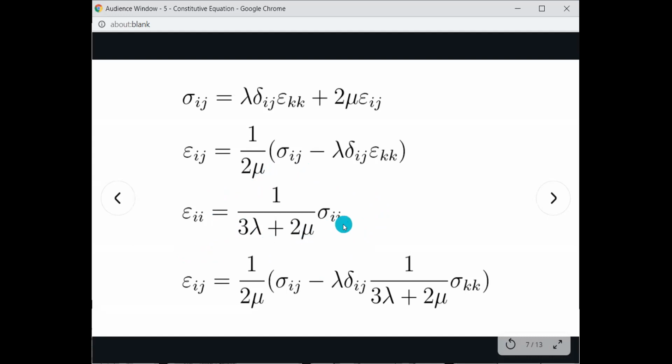So epsilon I equals this. And saan daw galing yung 3? Okay, saan daw nang galing yung 3? So, tingnan natin. 1 over 2 mu sigma ij minus delta ij epsilon kk. Wait lang.